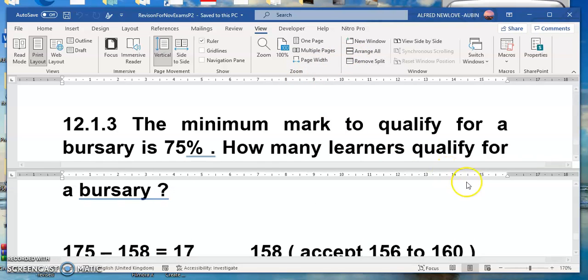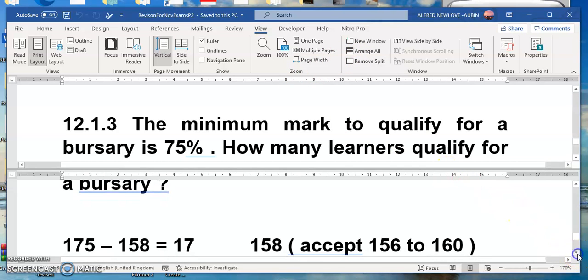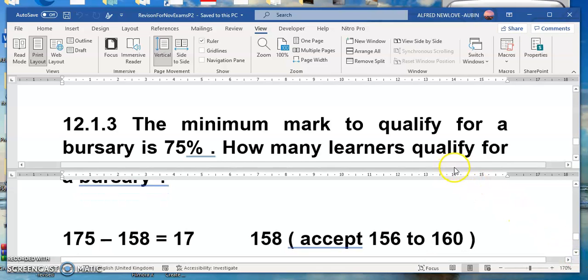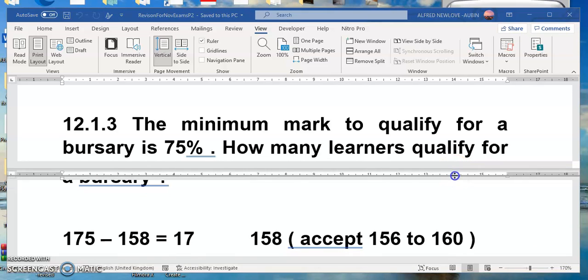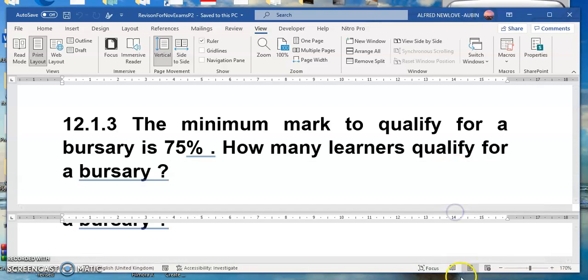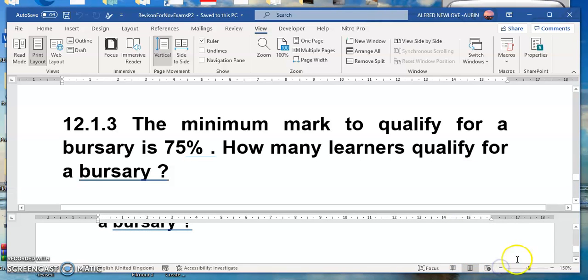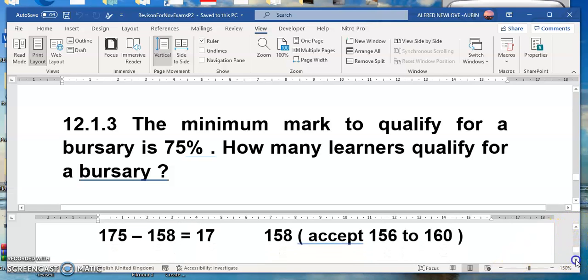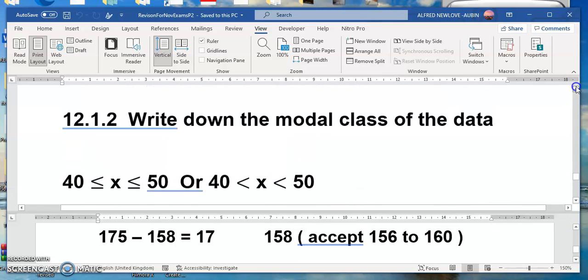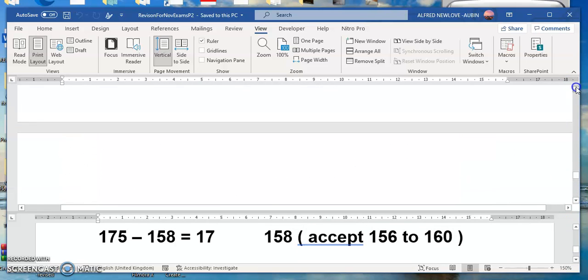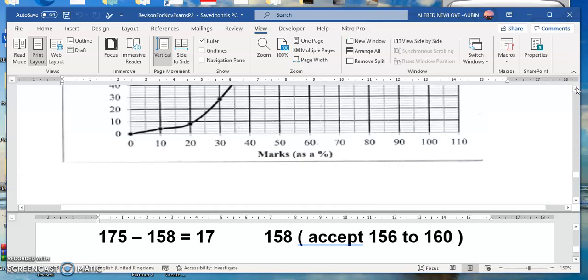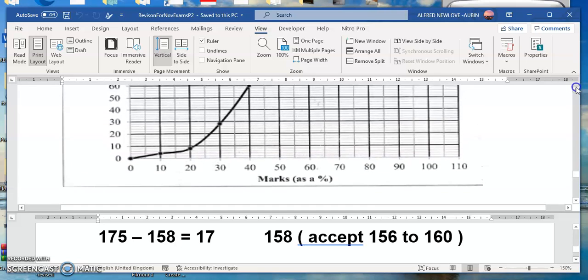Let me split for you. How did we get the answer? Okay, we said 75%.